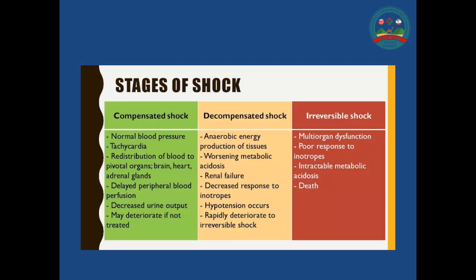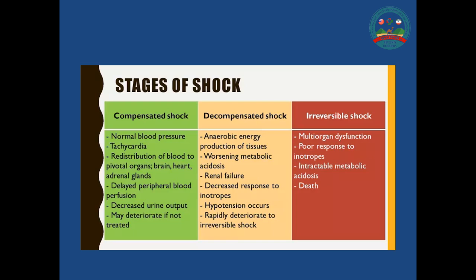This chart summarizes the 3 stages of shock in a very visual way. In the compensated stage, blood pressure may still be normal, but the body is already redirecting blood to vital organs such as the brain, heart, and adrenal glands. We see tachycardia, delayed peripheral perfusion, and decreasing urine output. In the decompensated stage, perfusion can no longer be maintained.